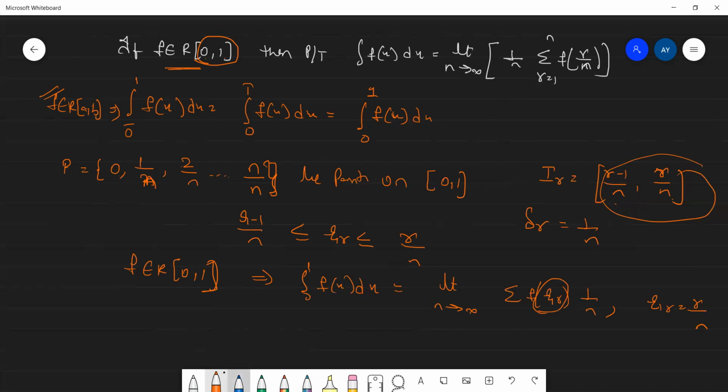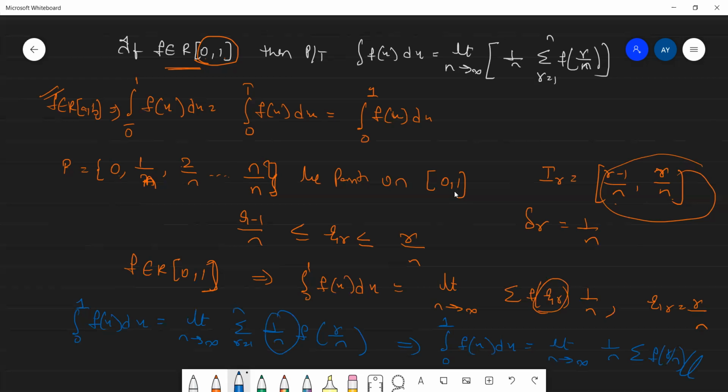So what will you be having? You will be having the integral from 0 to 1 of f of x dx equal to the limit as n tends to infinity of the summation of 1 by n into f of r by n. So how will you write this? This will be the integral from 0 to 1 of f of x dx equal to the limit as n tends to infinity, and as the summation is with respect to r, this will be constant. So 1 by n summation f of r by n. This is what the required solution is.